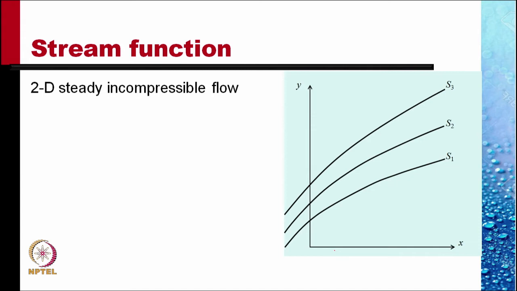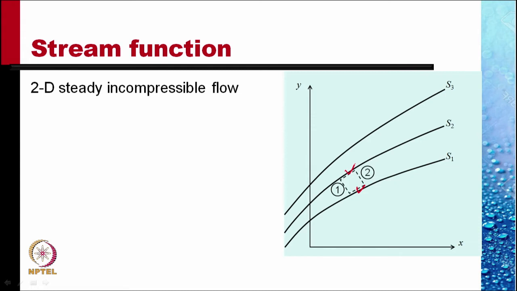Let S1, S2 and S3 be three streamlines. Streamlines do not intersect. Let us consider a small control volume within two streamlines S1 and S2. This surface coincides with the streamline S1, this surface coincides with the streamline S2.